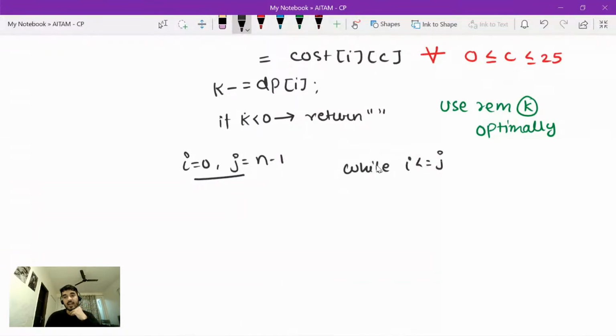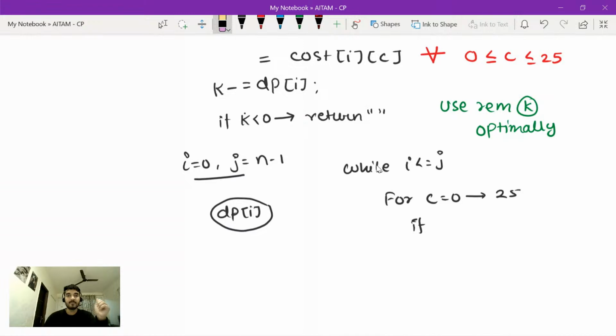I know the minimum number of shifts required to make the characters at index i and j equal is simply dp of i. dp of i has stored the minimum number of shifts required. So I iterate over all the characters, for c equals 0 up to 25, and just check.